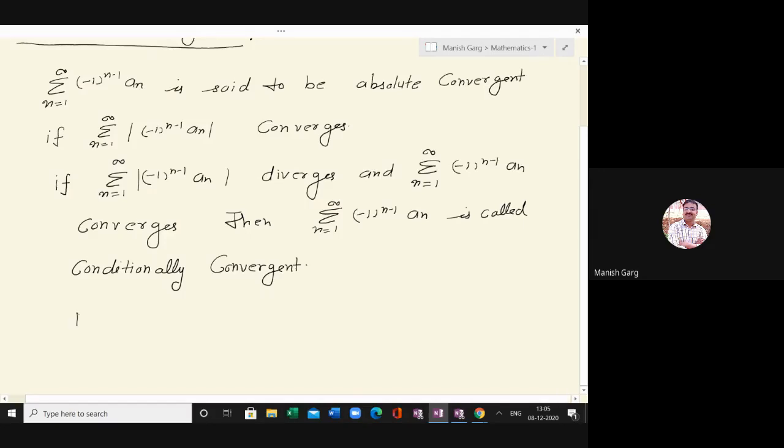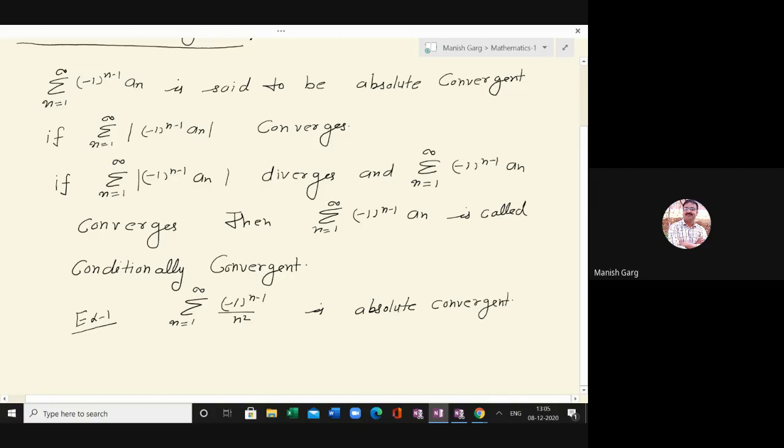Take the example, which I have done: the series n equal to 1 to infinity of (-1)^(n-1) over n square. This is absolutely convergent. How?